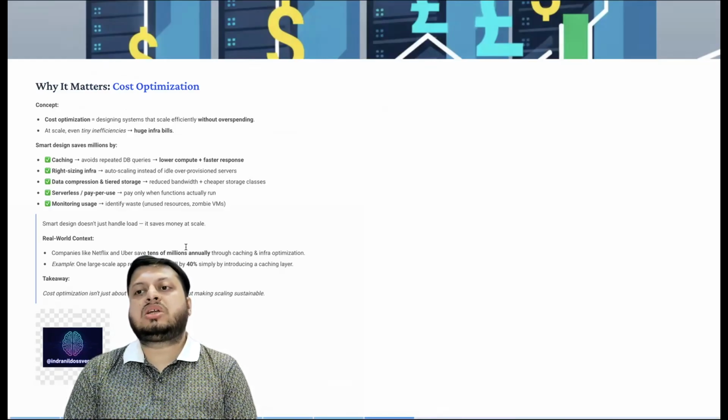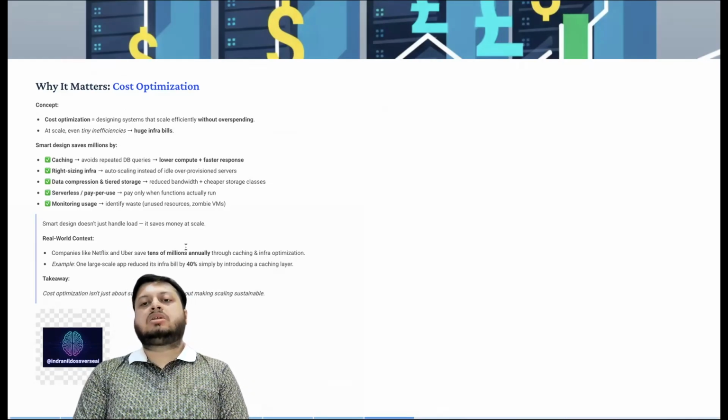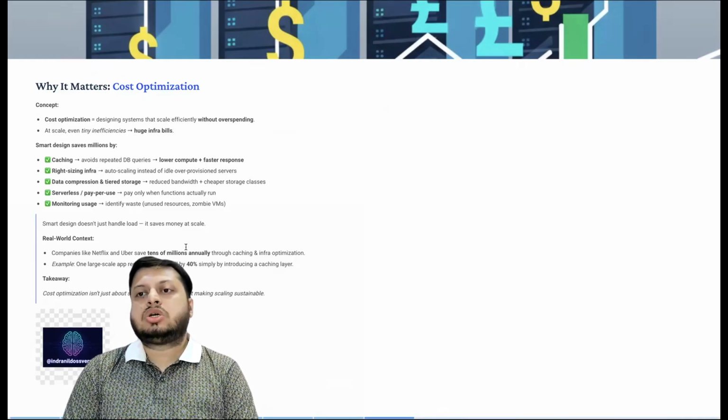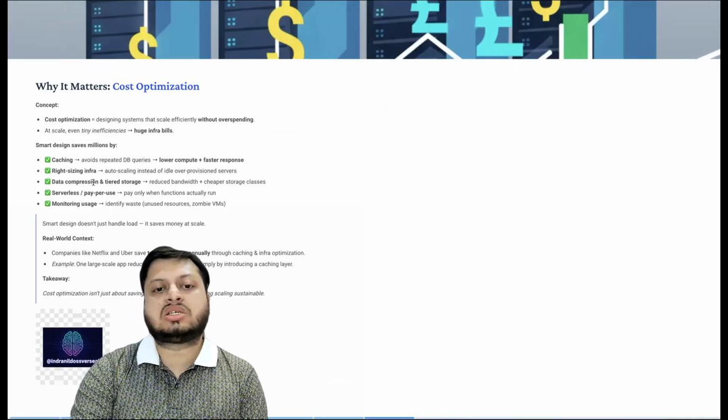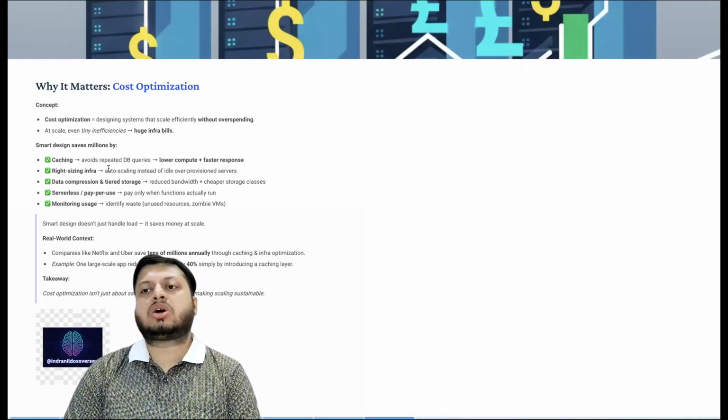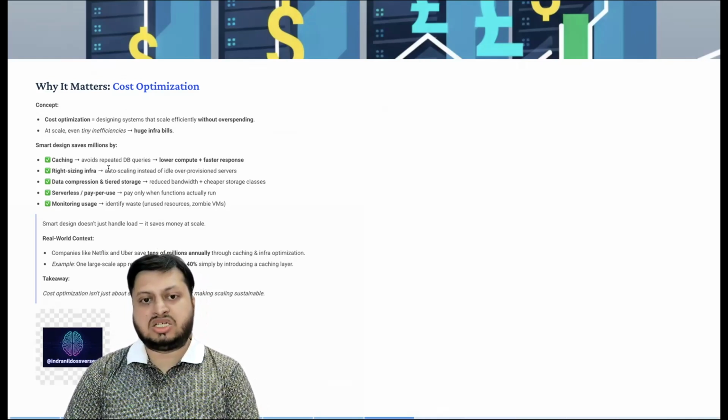But let's say you need it only for a certain purpose or during some IPL matches, for example, the example that I was giving, then you should not over provision, and it should be something like auto scaling. So how does your smart design help in your cost optimization?